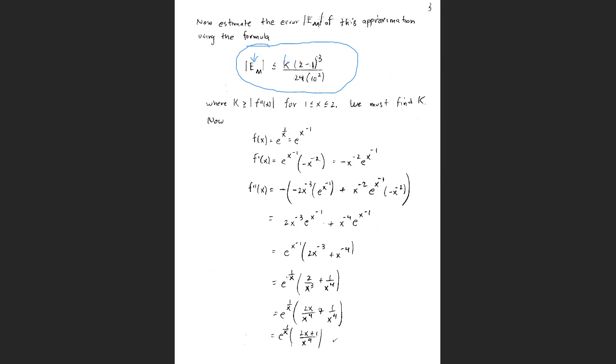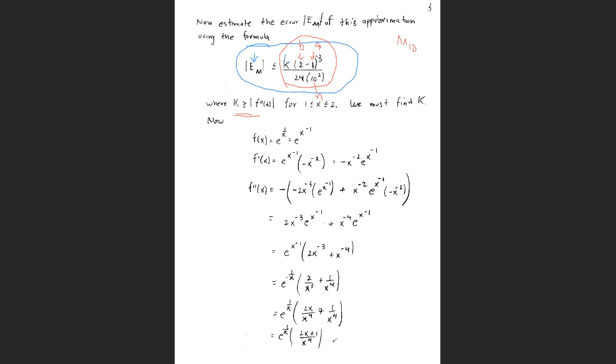Well, 2 is equal to B. 1 is equal to A. And N is equal to 10. Because remember, we're using midpoint rule with 10 subintervals. So the error bound is equal to big K times the quantity 2 minus 1 cubed divided by 24 times n squared.